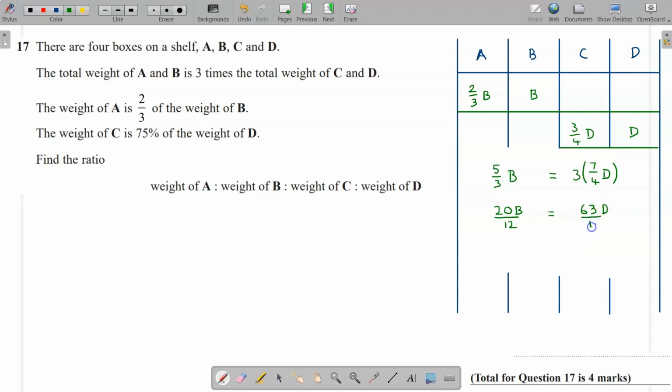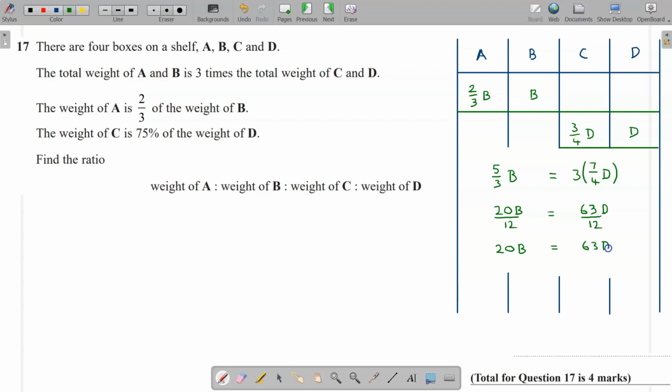That's also over 12 now. Because they're both over 12, we can just multiply both sides by 12, and therefore we can state with confidence that 20 times b is the same as 63 times d.